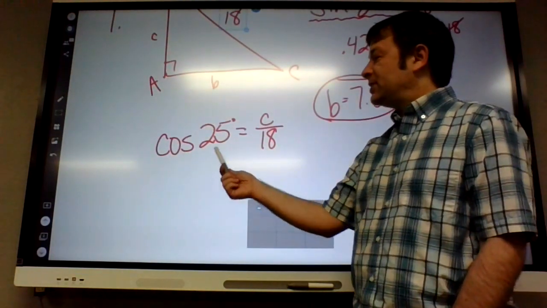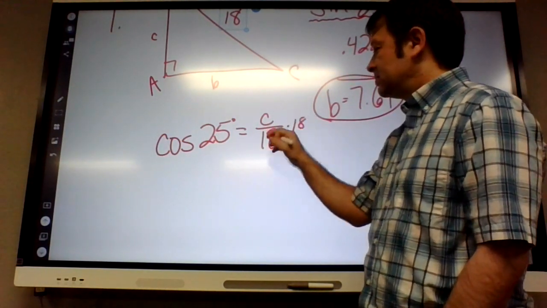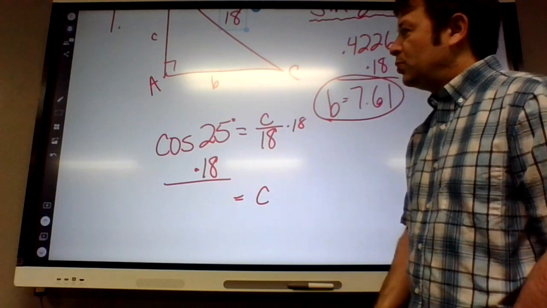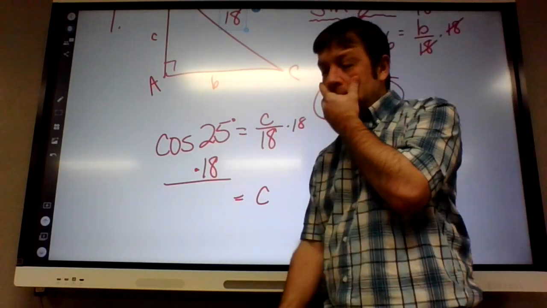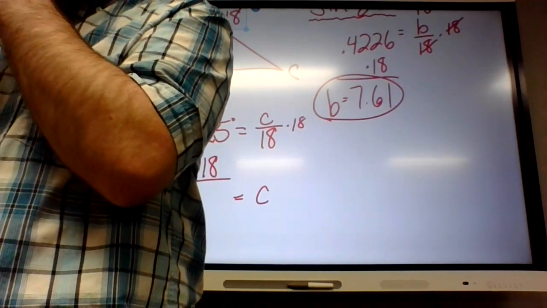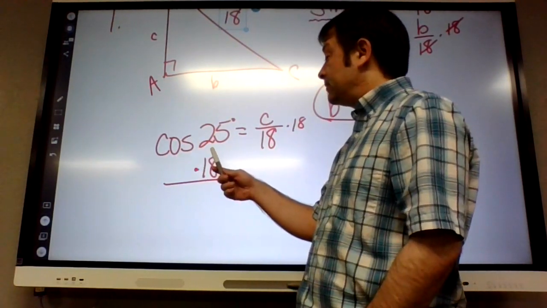We're going to take cosine of 25 times 18, and it should come out at 16.3. You can plug it into your calculator all at once. You can just do cosine 25.